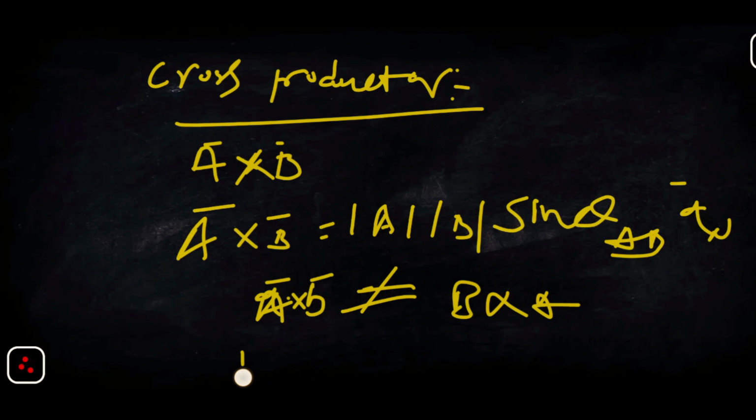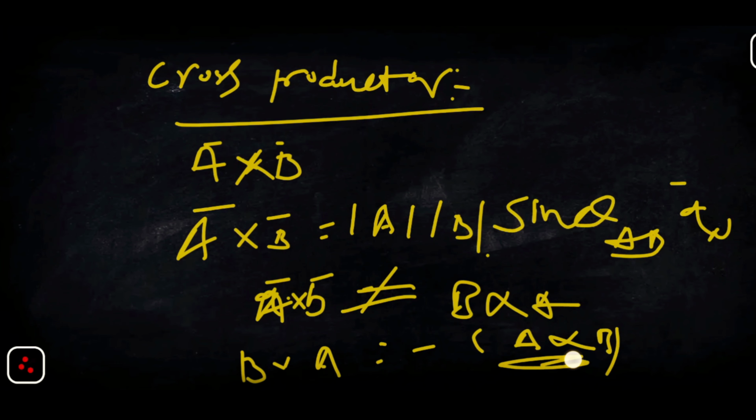Next, b cross a you can write as b cross a equal to minus of a cross b. Reversing the order of the vectors reverses the direction, that is b cross a equal to negative of a cross b, that is anti-commutative in nature. The commutative law is not applicable, but anti-commutative law will be applicable for cross product.